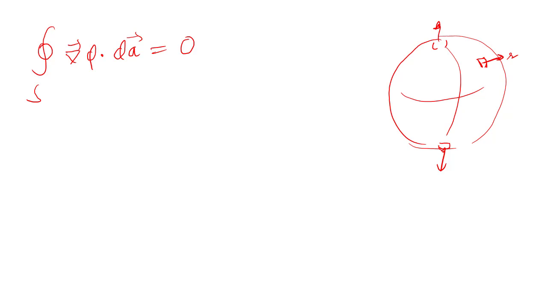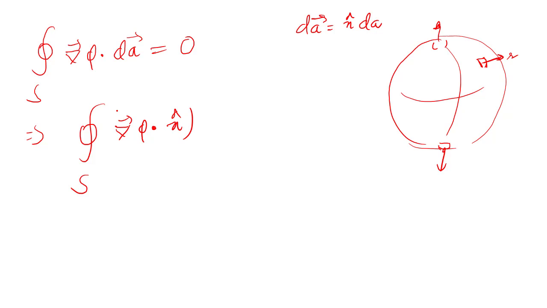So it's perpendicular to the surface, along the R direction. So if I say that this dA in general is along some direction n times dA, then I can rewrite this as the surface integral of grad phi dot this unit vector n times dA is equal to 0.